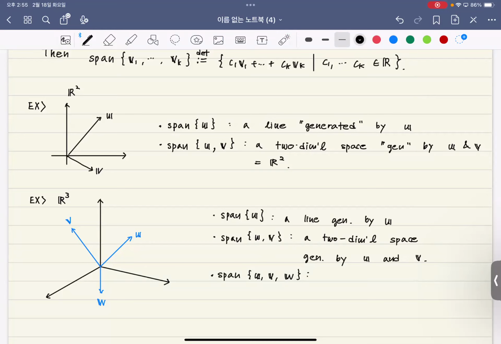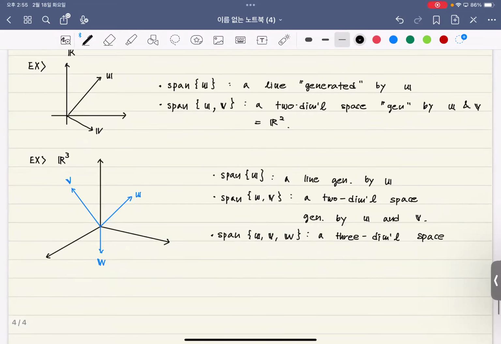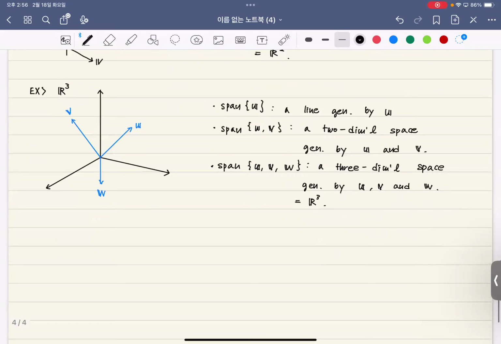So I will say this is a three-dimensional space generated by u, v, and w, which is nothing but R3. All right. So now we know how to visualize the vectors and how to visualize the span of a couple of vectors.